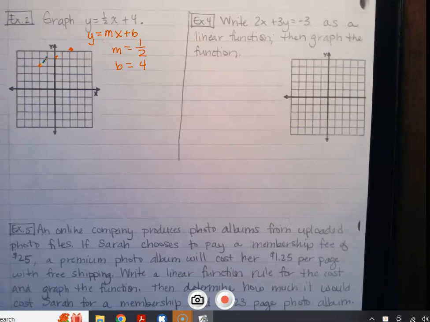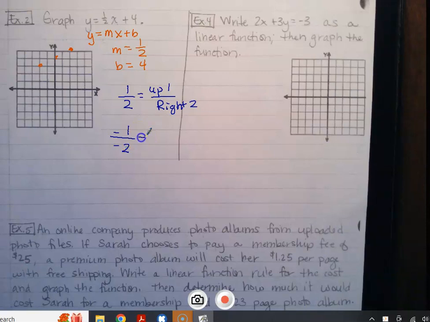All right. So if you remember last week when we talked about this, we can go 1 over 2. Okay, means up 1, right 2. The opposite is if we had negative 1 over negative 2, because negative divided by negative is still positive, right?